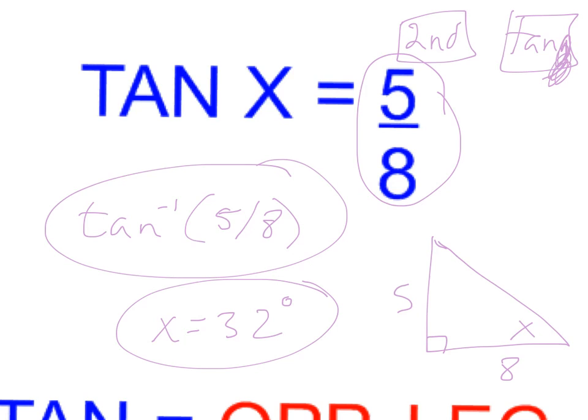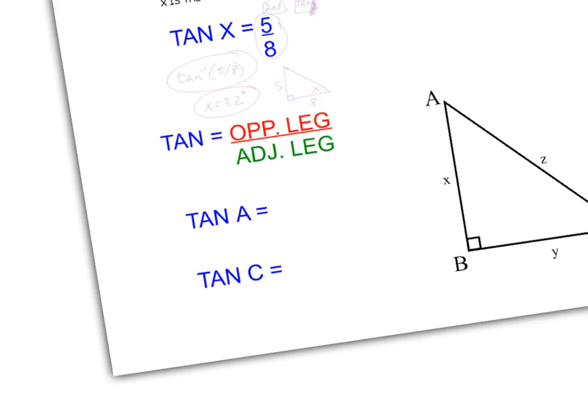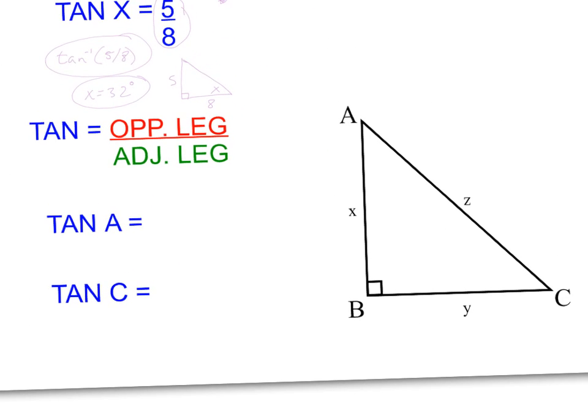So we were able to not only find missing side lengths, but we can also find missing angle measures. And we kind of did this part of our notes earlier. Tangent is opposite leg over adjacent leg. Using that picture, we would say that tangent of A is opposite y over adjacent x.